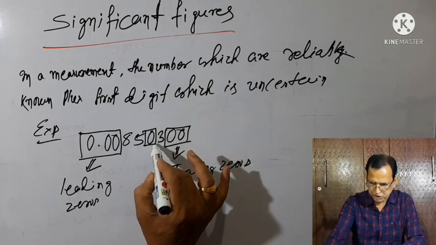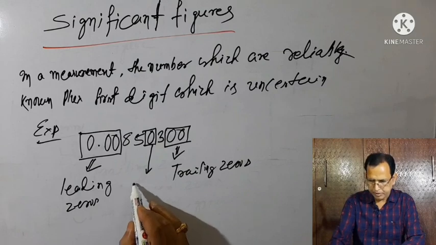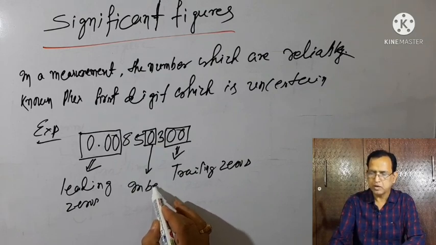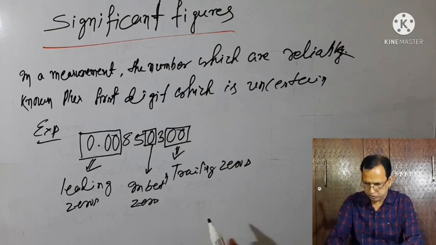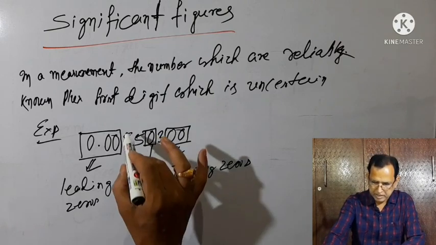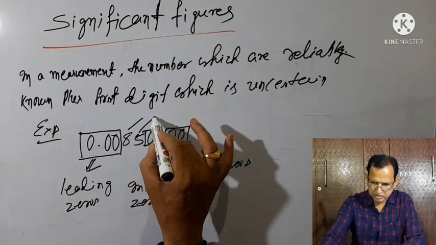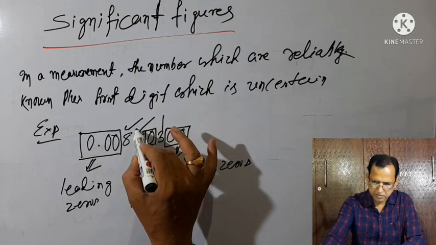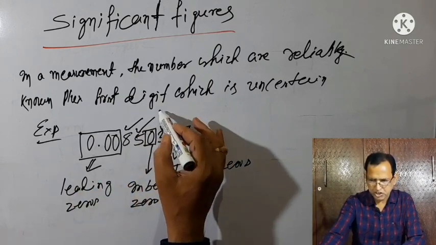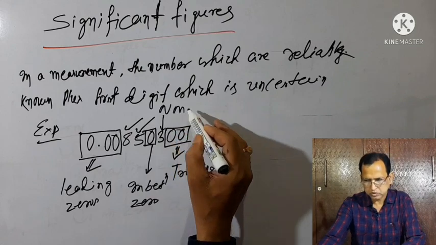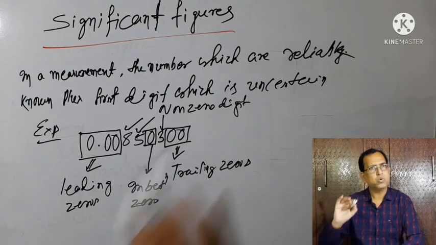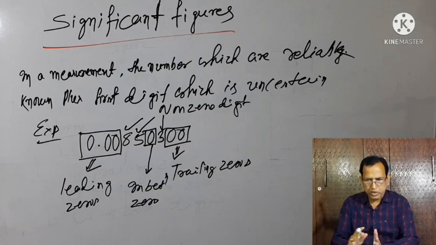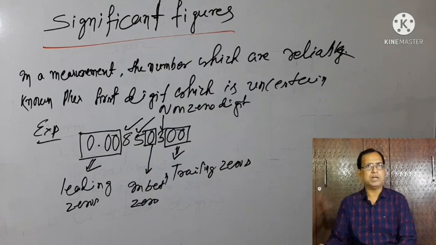This is your in between zero, and these three are non-zero digits. Okay? So, we can find out the significant figure.